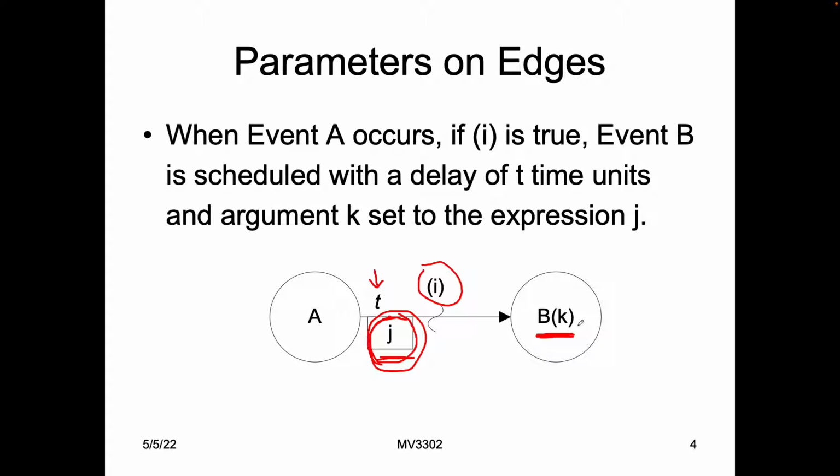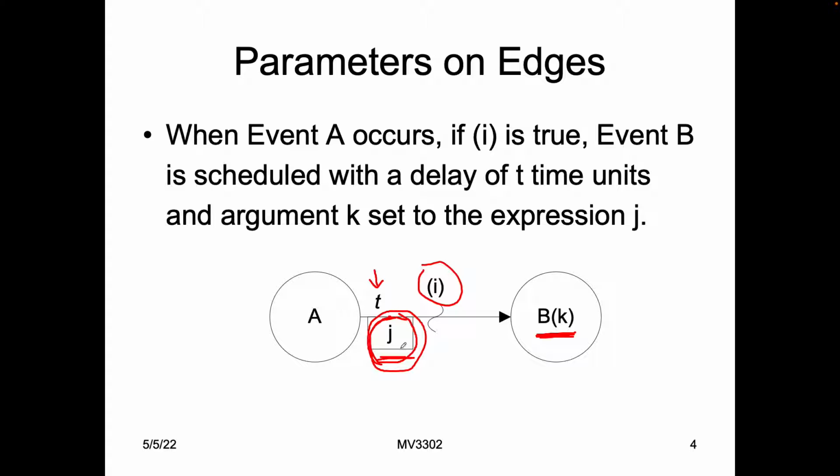So J is not a constant. Pardon me? J is not a constant. No. It changes throughout the... Well, again, J is like an expression. Keep in mind the difference between a formal argument, like when I define a method, which can just be one variable, whereas an expression could be a constant.